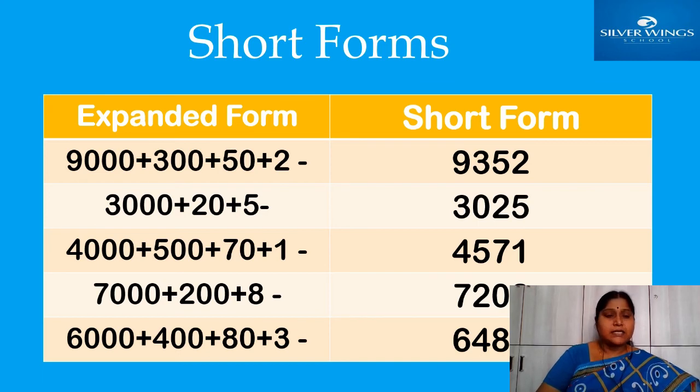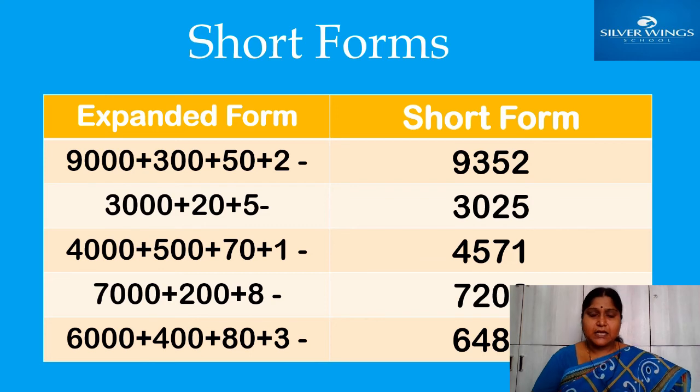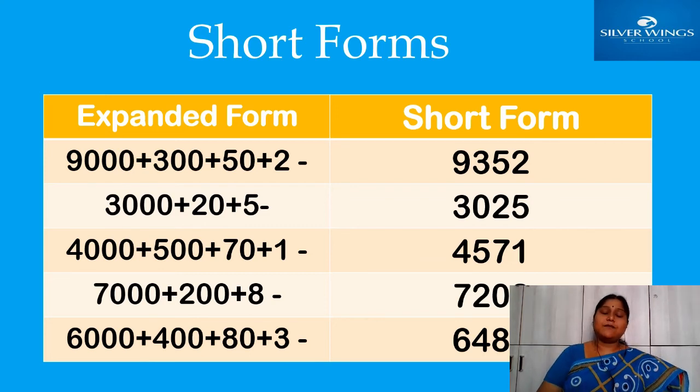Okay. Now here see, 7,000 plus 200 plus 8. Which is missing here? Tens place is missing. So in the tens place you should write 0, and you should write other digits in their places. 7 is in thousands place, 2 is in hundreds place, the tens column was missing, so you should write 0 in the tens place and 8 in ones place.